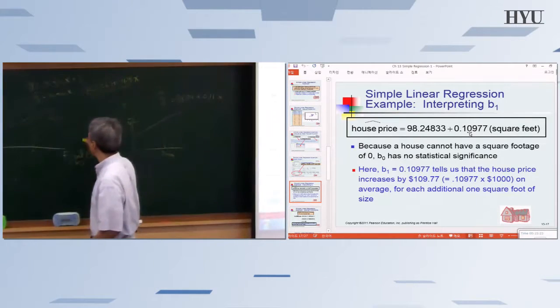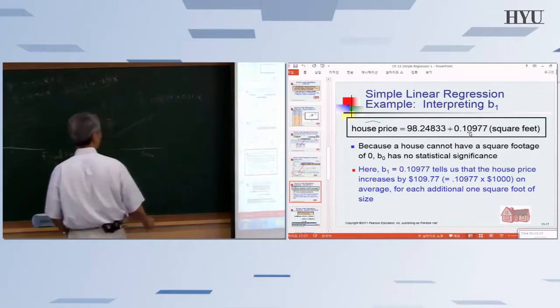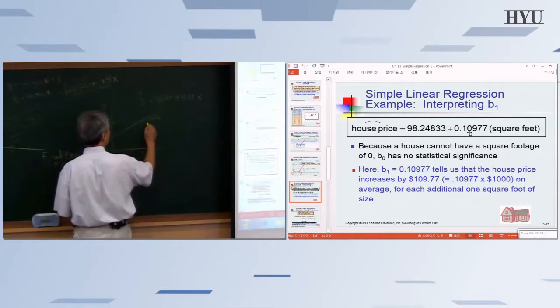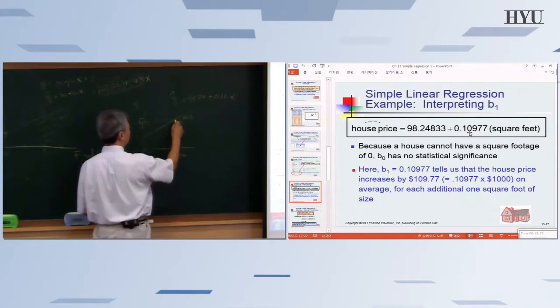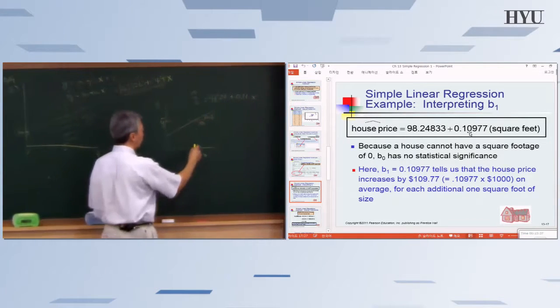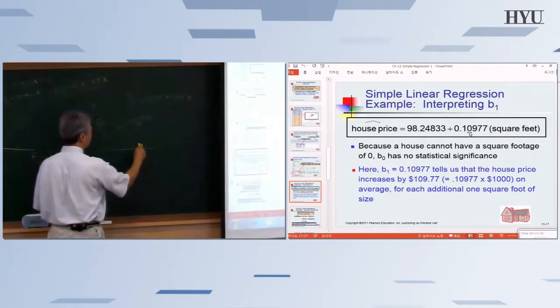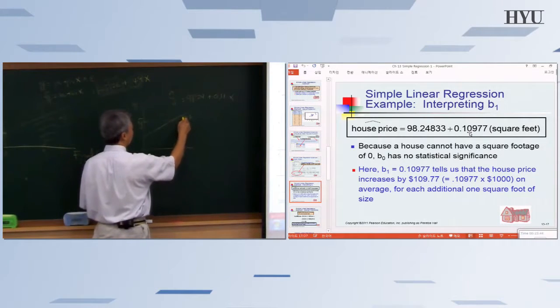Well, the slope of a line is change in y divided by change in x, rise over the run. So what that means is, each time x increases by a certain unit, let's say 1 unit, then y goes up by this much.